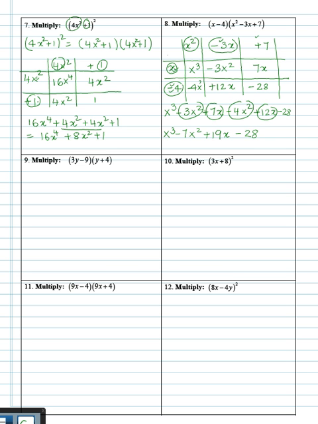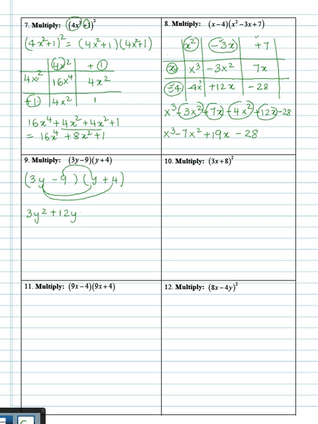Now, the next part of the multiplication. You see that in this test you have a lot of multiplications. So there are different ways of multiplying. Now I'm going to show you the FOIL way. 3y minus 9, y plus 4. So 3y times y, 3y squared, 3y times 4 is 12y.